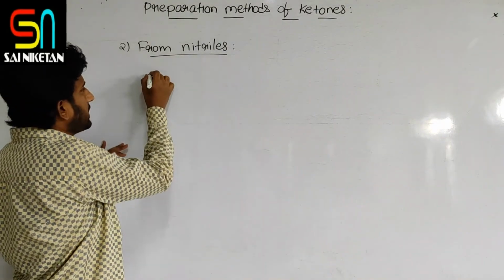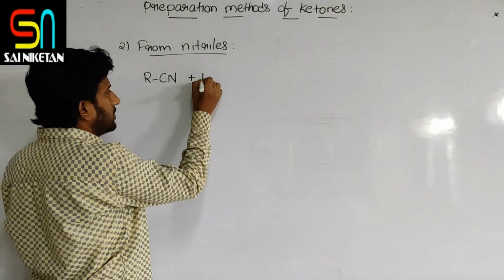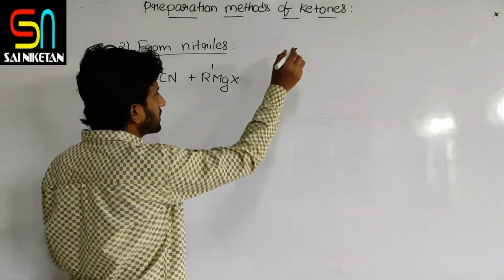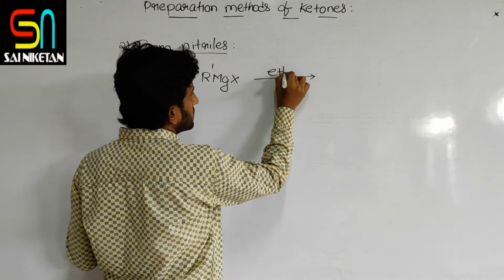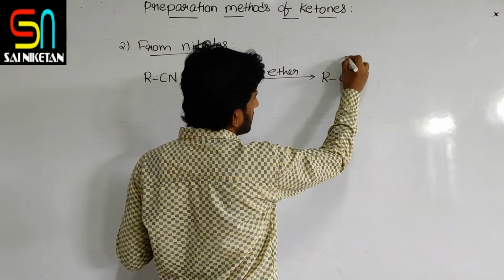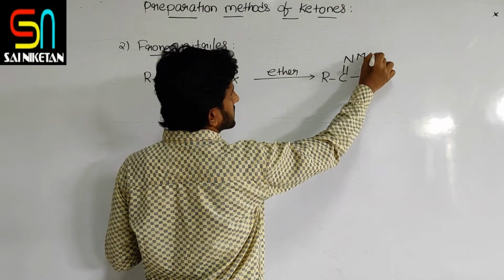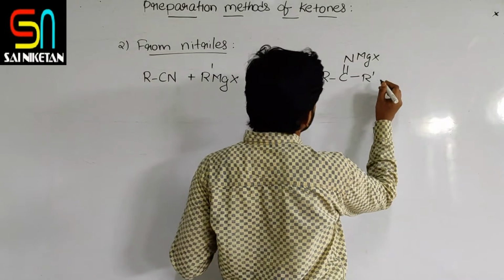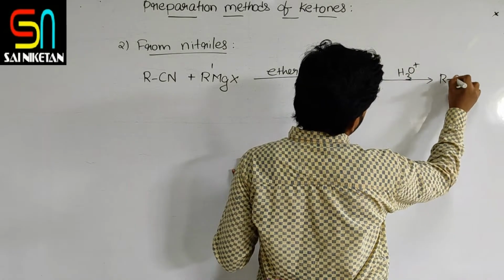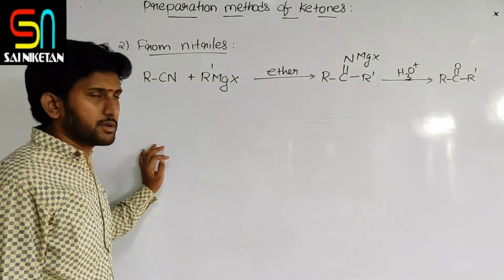Nitriles on reaction with the Grignard reagent in ether, which is just the solvent there, first undergo addition of the Grignard reagent, followed by hydrolysis, which produces ketones.